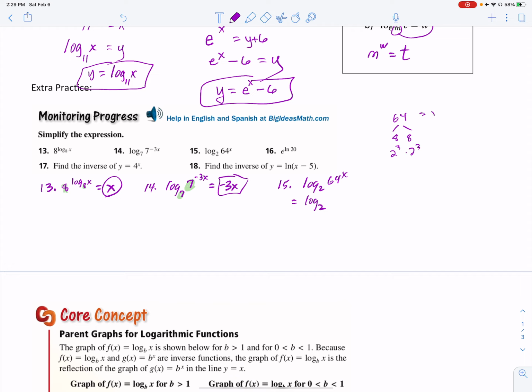So 64 is 2 to the 6th. So I'm going to think of this as 2 to the 6th to the x. So I can write that as 2 to the 6x, and now it's like 14. Now these bases are matching, so the answer to this is 6x.